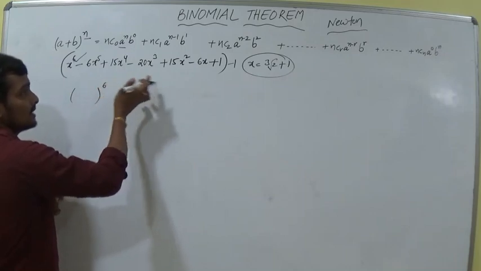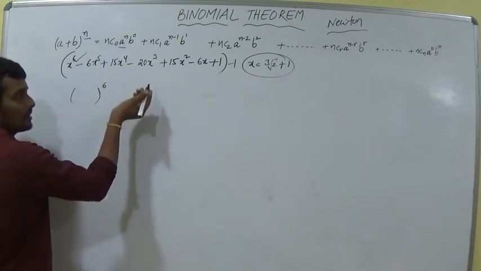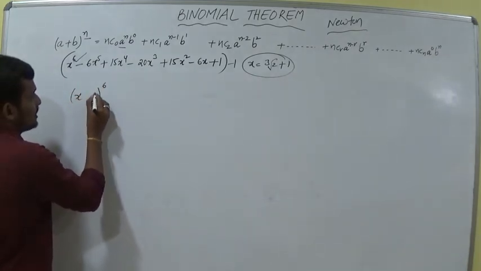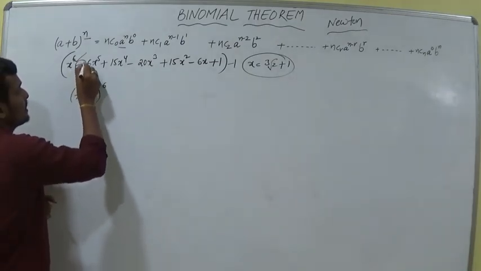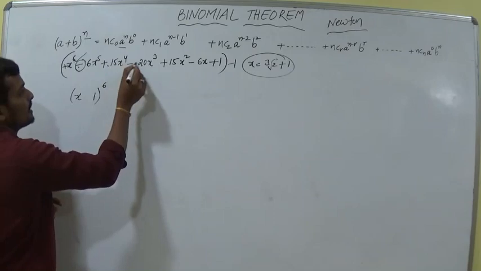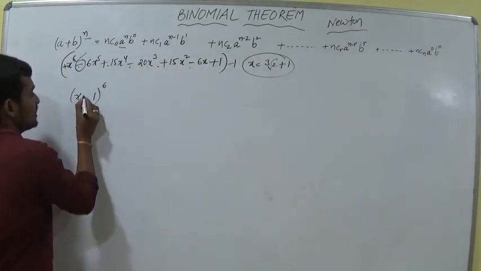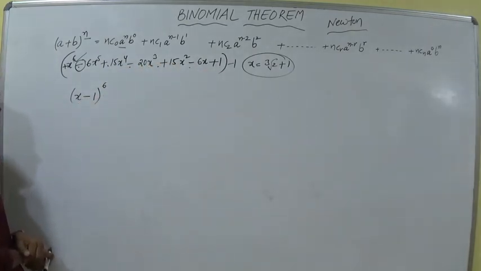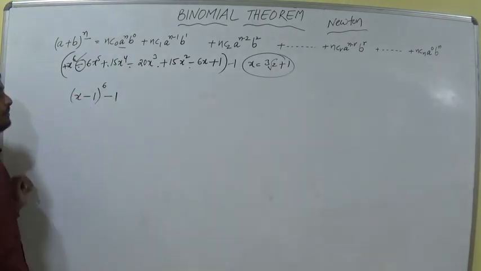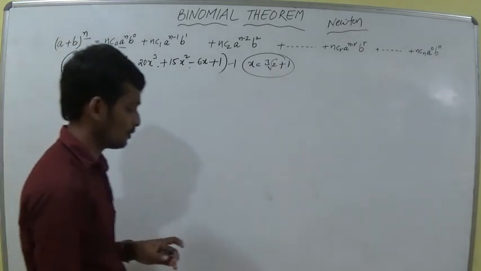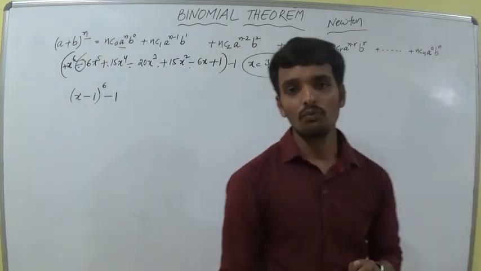This is in the form of something x with the last term 1. So by the signs, it is x minus 1 whole power 6, and the next term is minus 1: x minus 1 whole power 6 minus 1.